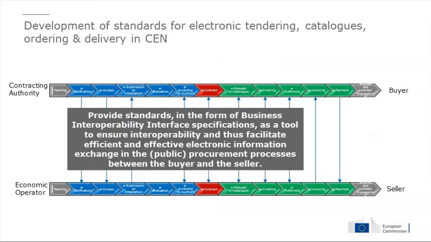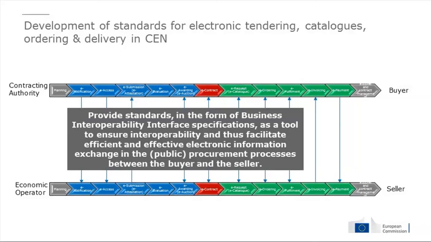There is standardization ongoing, similar to what's been done with the European standard for e-invoicing. Another technical committee in CEN, TC440, is developing standards for e-catalogues, e-ordering, dispatch advices, and it's also then harmonized with the invoice.